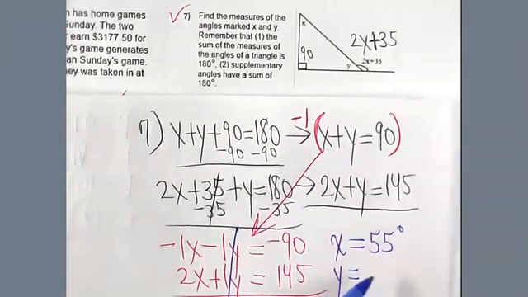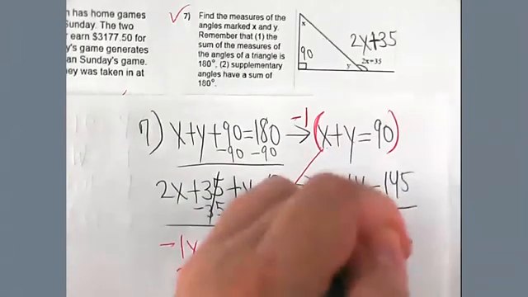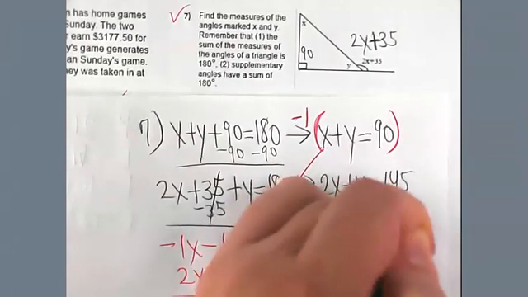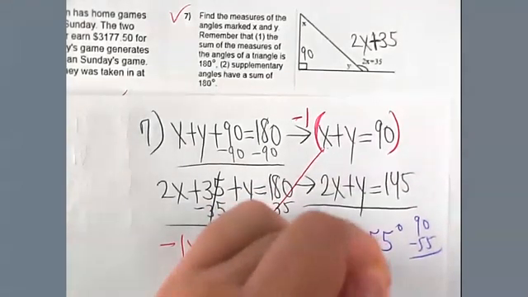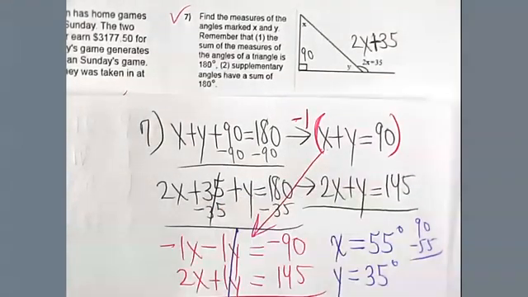So the other value is 90 minus 55, or y is equal to 35 degrees. Again, any questions about the setup or the solving part?